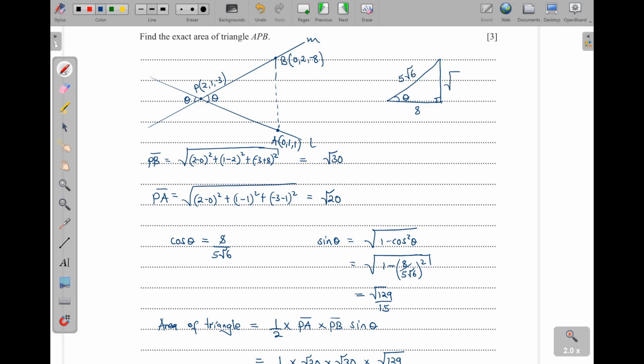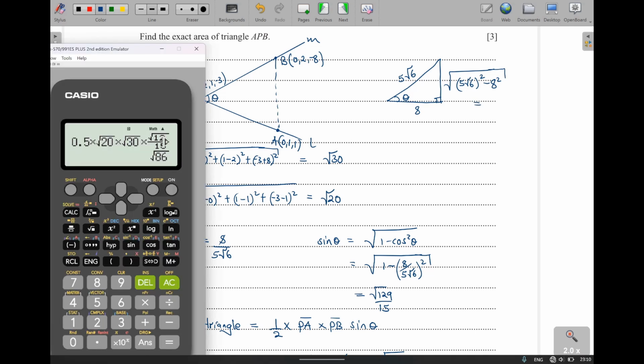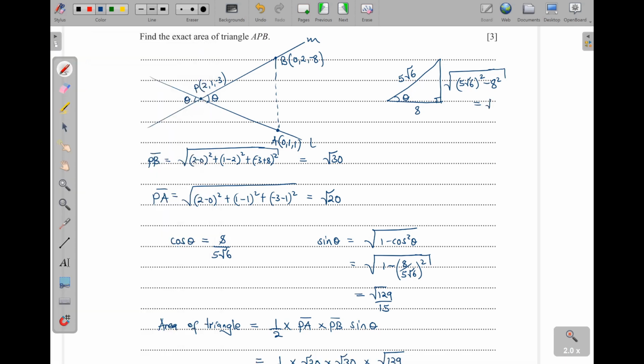And then here, this one is going to be the hypotenuse squared, minus the adjacent squared, okay, using Pythagoras theorem. Let's check. Square root of 5 root of 6, then squared, minus 8 squared, root of 86. So we get root of 86.